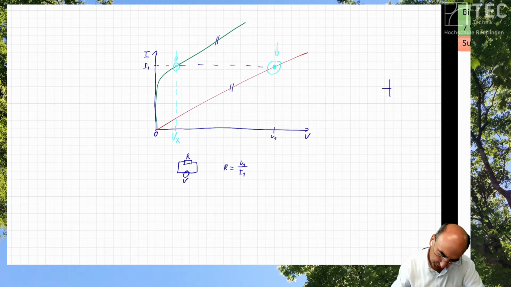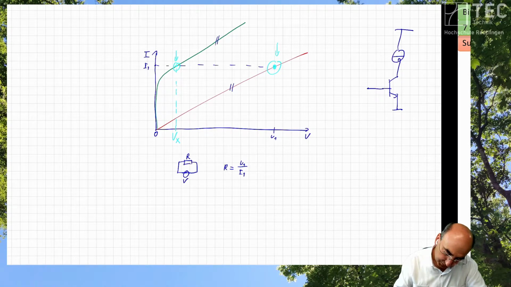Now I'm doing the sketch of how you do this measurement for this curve. You do this measurement by applying V bias.